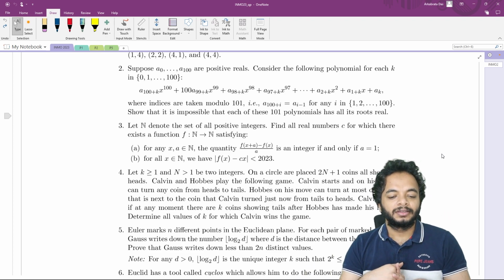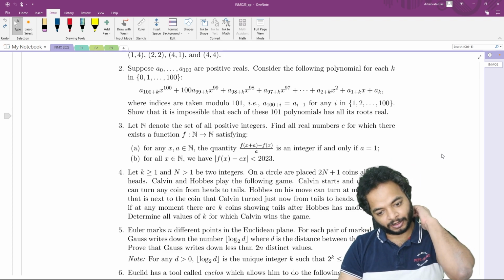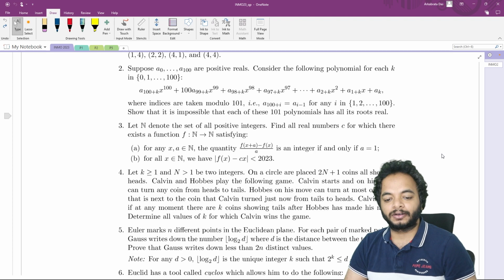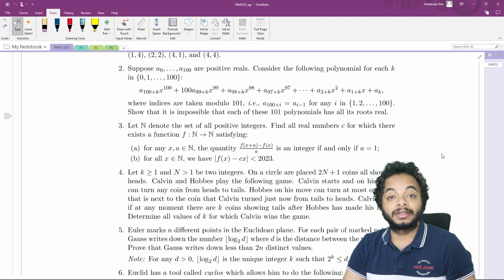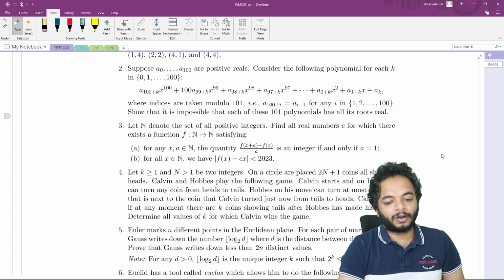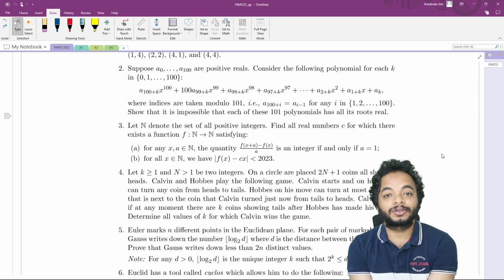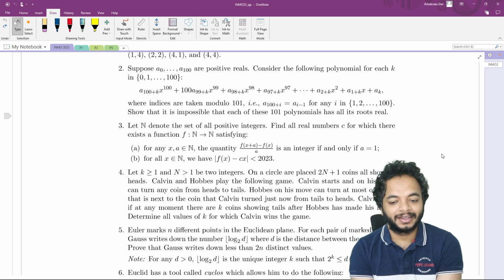Now what we have to show is that it is impossible for each of these 101 polynomials to have all its roots real. So we have to show that all of them can't have all of their roots to be real.